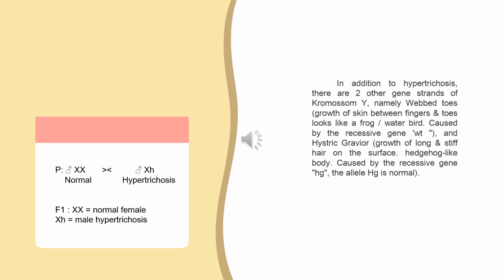In addition to hypertrichosis, there are two other genes on the Y chromosome, namely webbed toes or growth of skin between fingers and toes looking like a frog or water bird, caused by the recessive gene WYT, and histrix gravior or growth of long and stiff hair on the surface of the body like a hedgehog, caused by the recessive gene HG. The allele HG is normal.